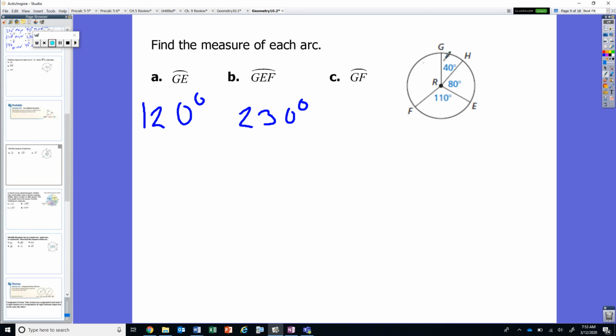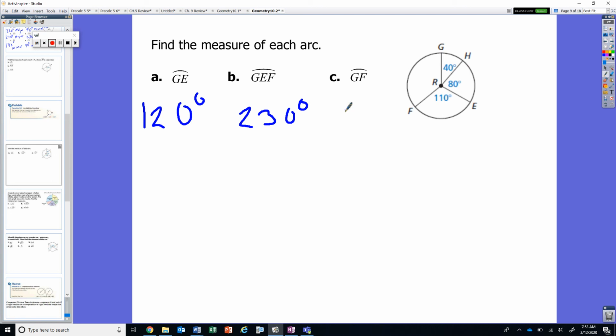And then on to GF. So here we have GF, and we're going to go in this direction once again, assuming that because it's got two letters, it is a minor arc less than 180 degrees. And so really what we're looking at here is everything that is not the section over here that we just found, which is GEF, at 230 degrees.